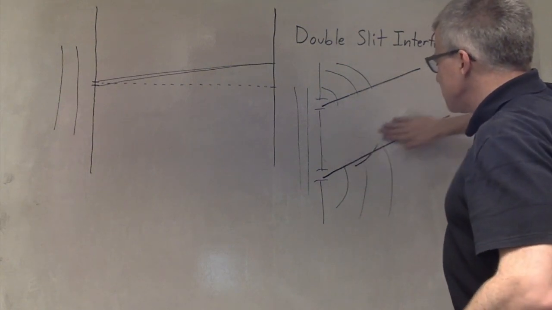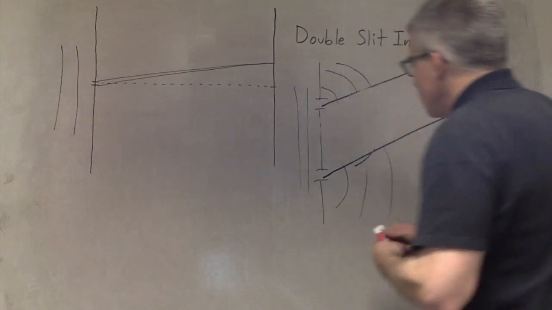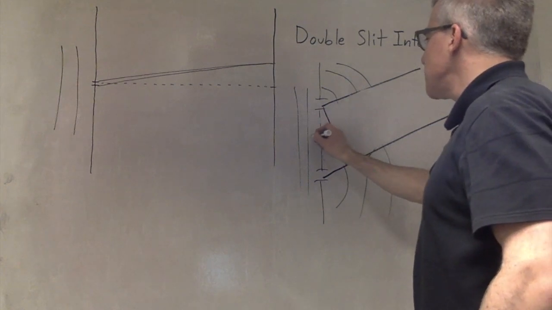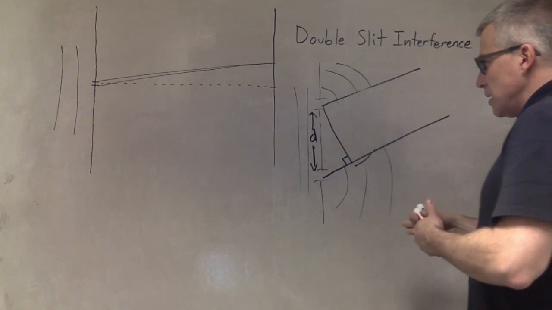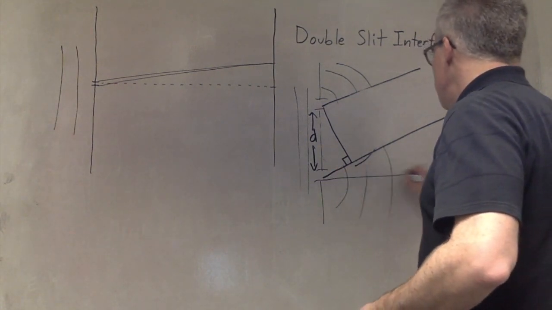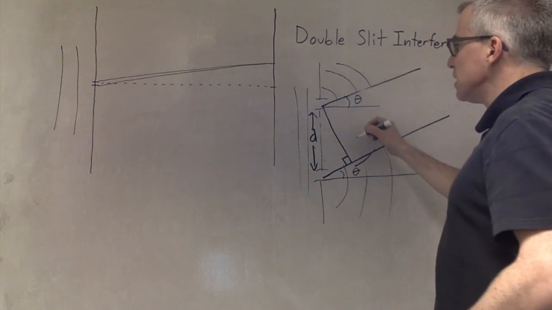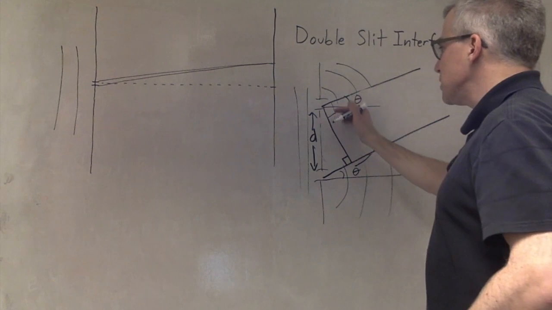what's happening is we care what happens in this first little distance. If I drop a perpendicular here, and the separation between the slits is d, then if this angle is theta, and this angle is theta, and this is 90, then this is not theta, this is 90, so this is theta.